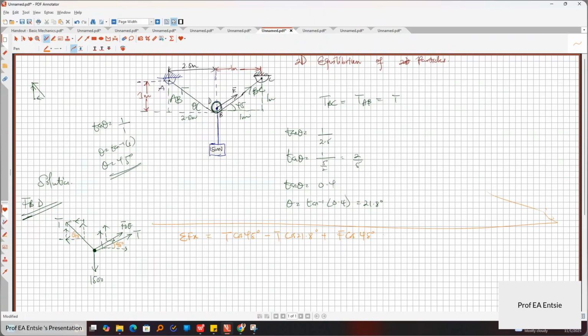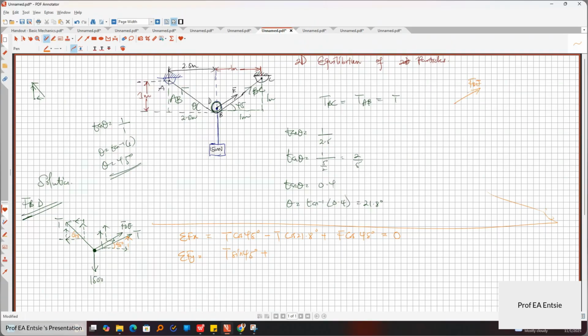And what do you know about equilibrium? The sum of all the forces in the X component should be zero. Then reduce it to my Fy. That one will be the sine component. So we have T sine 45 degrees, T will go up, so it will be plus. Plus F will go up because you see F goes like this.